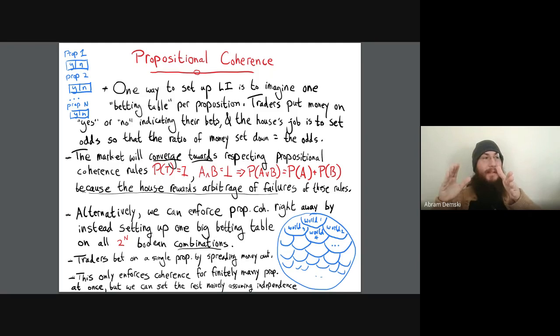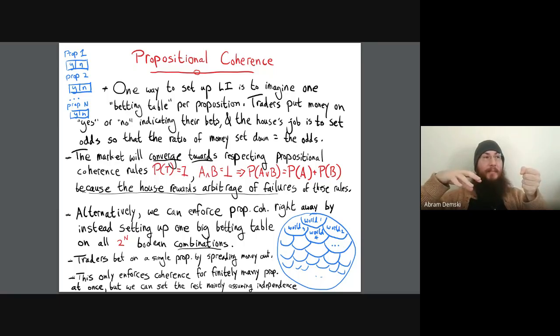And the house's job is to make sure that if it offers those 2-to-1 odds, then somebody else is going to put down that money. Sorry, not double your money, triple your money at 2-to-1 odds.